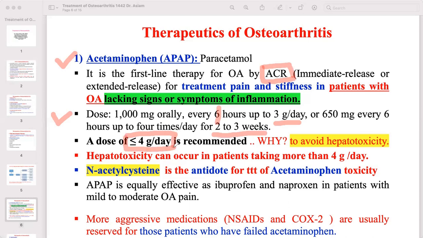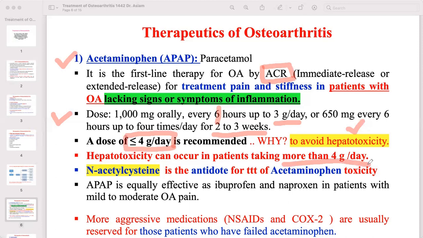If the dose is more than 4 gram, it leads to hepatotoxicity. Hepatotoxicity can occur in patients taking more than 4 gram per day of paracetamol or acetaminophen.